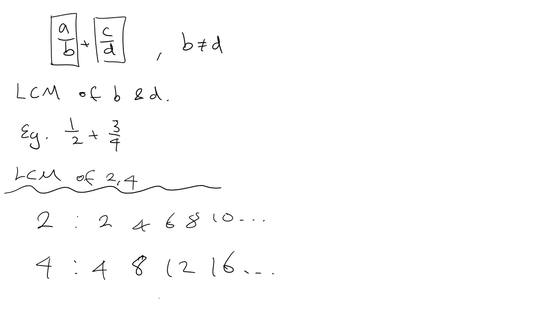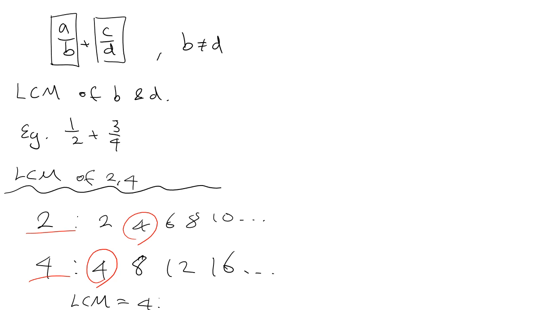And now we go through the list, and we find the smallest common number in both. So we find 4 as common, and it's the smallest number. So 4 is our lowest common multiple.